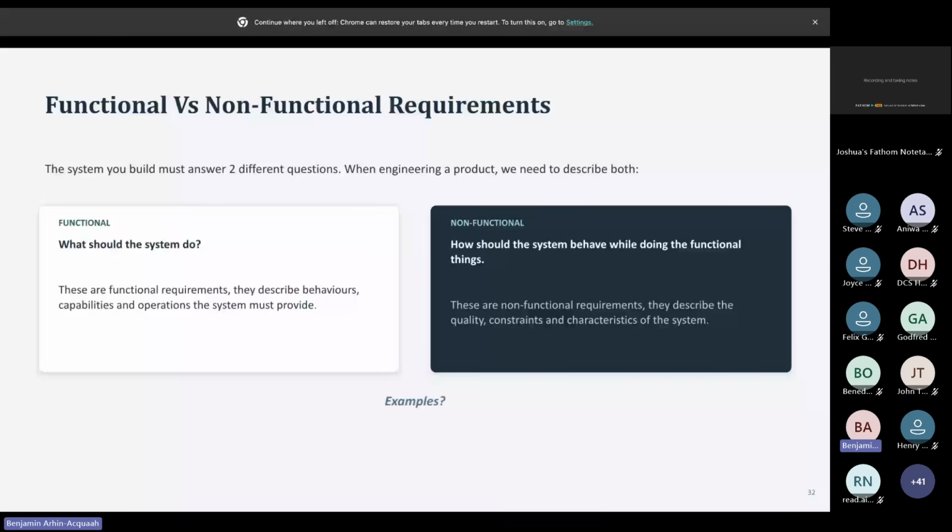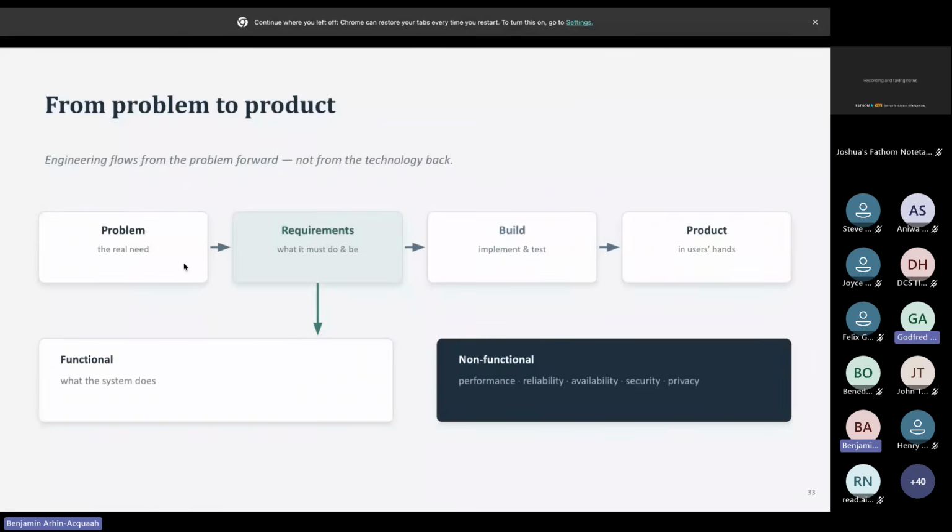So we'll go through a few examples. From the problem to the product, right? You have a problem that's the real thing that needs to be solved. Now you gather your system requirements, and these requirements are the functional requirements.